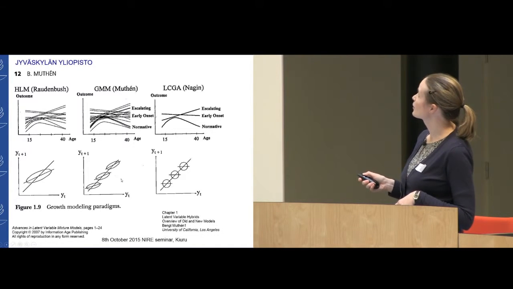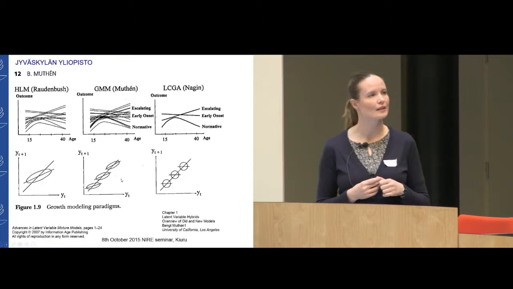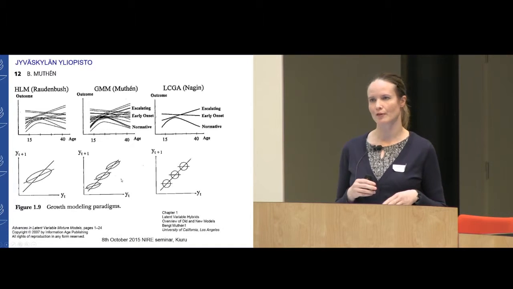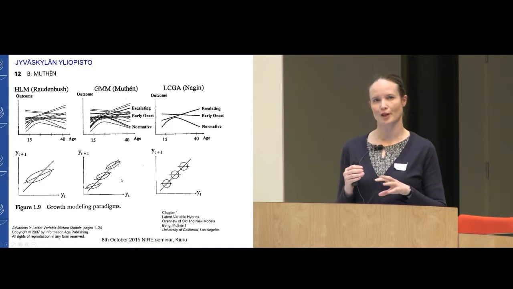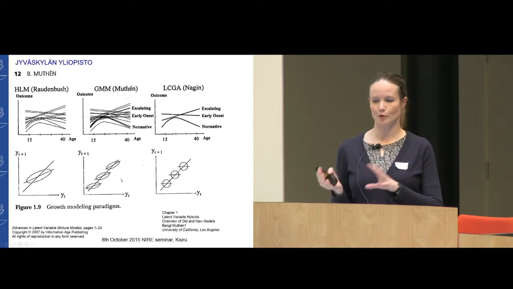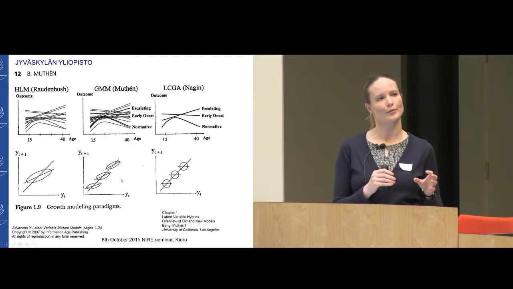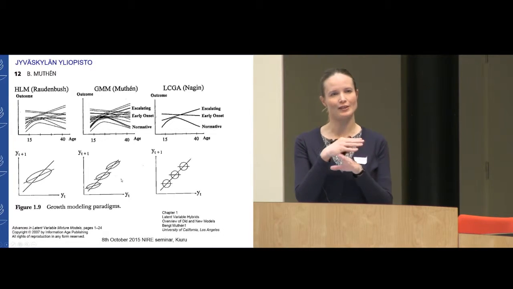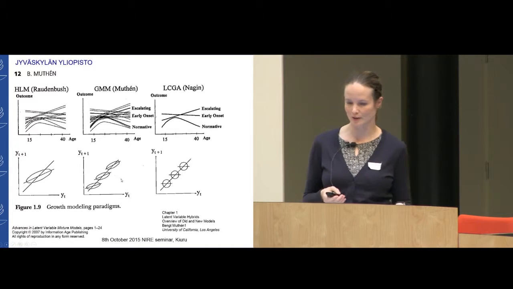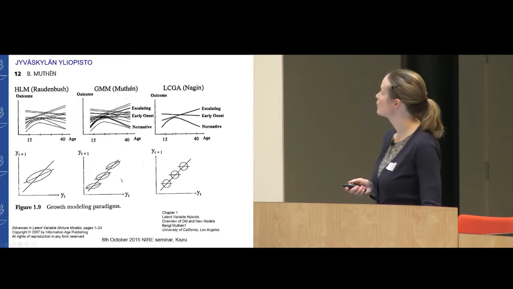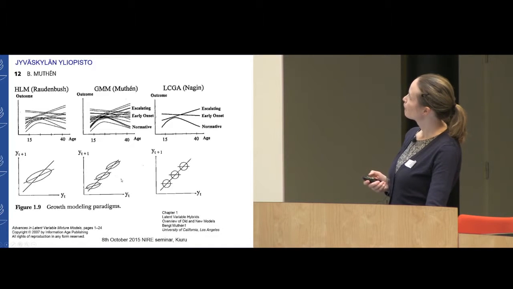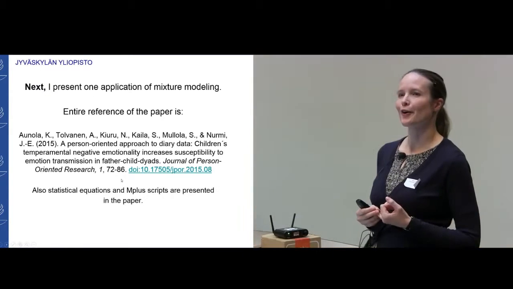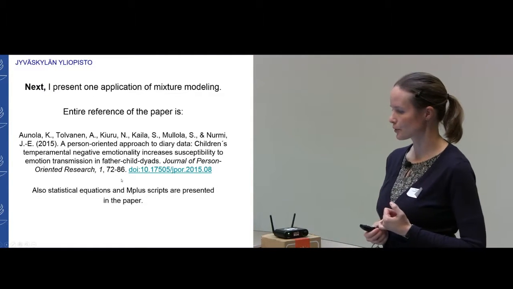Or then it might be that there is also variability within these latent groups, and even if you would like to go further from that, you can of course relax that also, that in some groups there might be more variability than in the other, but of course it might also impact the average differences between group means, but basically anything is possible. But yeah, I hope that you got some general idea what mixture modeling is about.